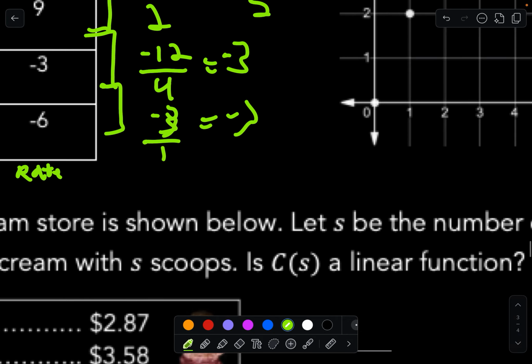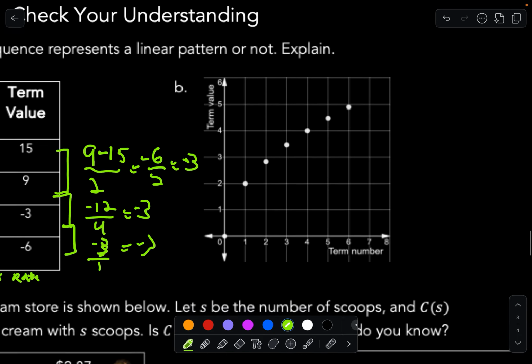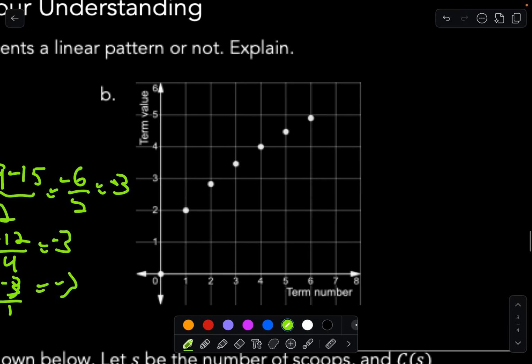Okay. On this second one, from the graph, you notice that when we go over one, we go up that amount. So if this is truly linear, we would go up the same amount wherever we are.